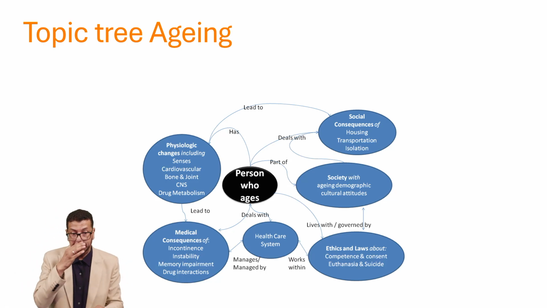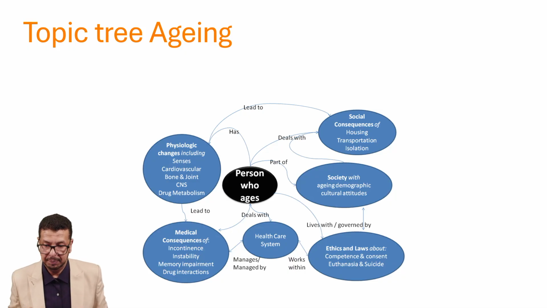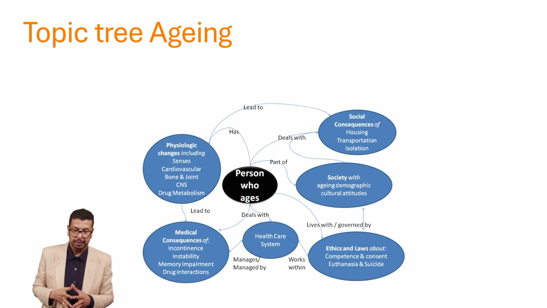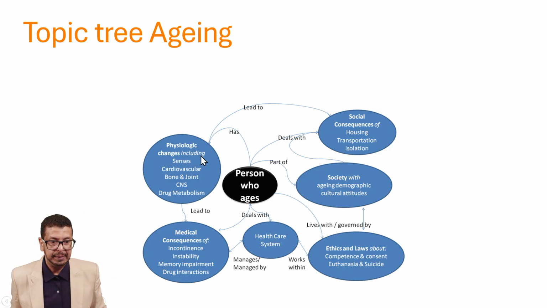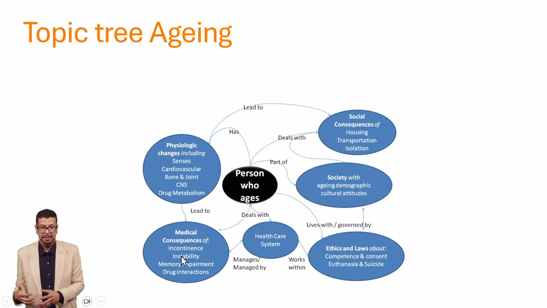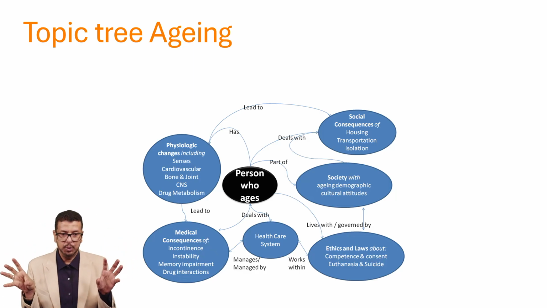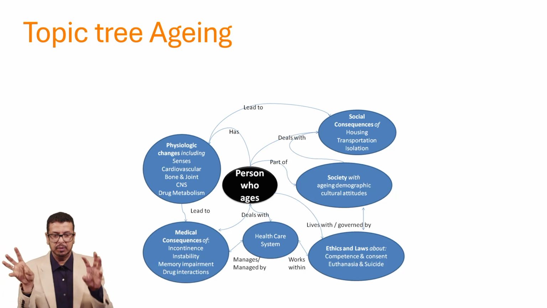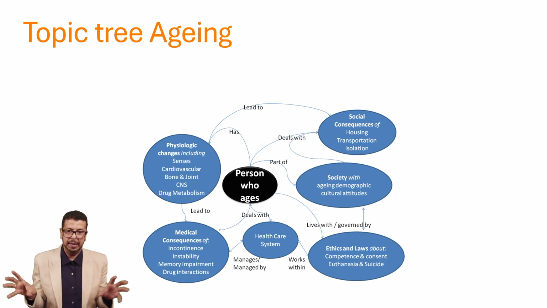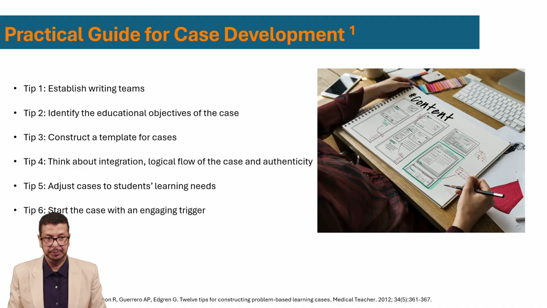For example, if we think about a problem for the elderly or for aging, or for an elderly group of people, we can think about what are the physiologic changes, what are the social consequences, the society, the ethics and laws, and the medication or the medical consequence of this. So this is the way that we should always start with the 3, then we can accordingly develop the case scenario.